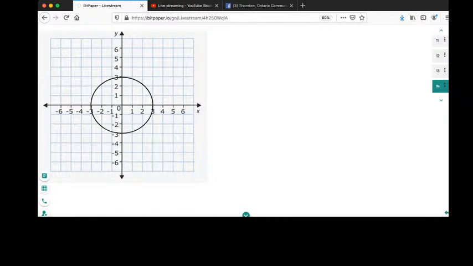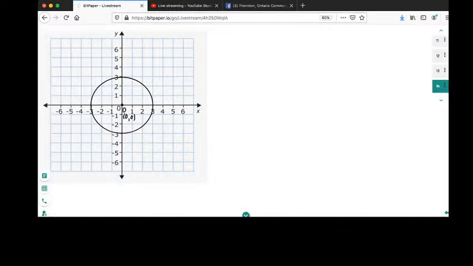Let's say that we have our point of origin at 0, 0, right? And that would literally be called O, 0, 0. And obviously every circle has a radius.